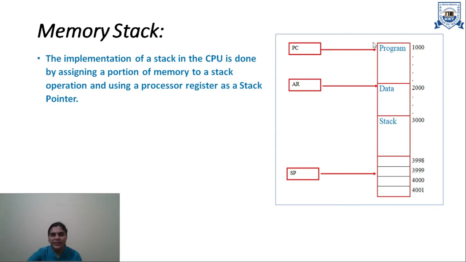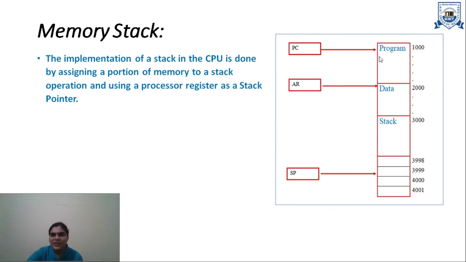There are 3 segments in which memory is allocated to a program: program, data, and stack. So the memory stack is implemented in memory as a segment assigned to a program by the operating system.